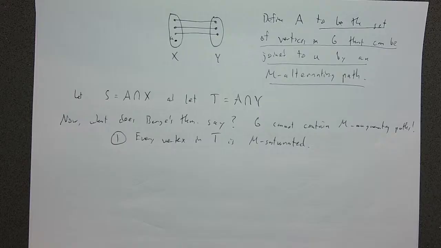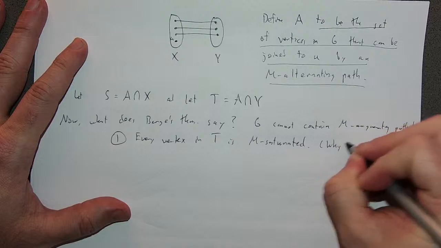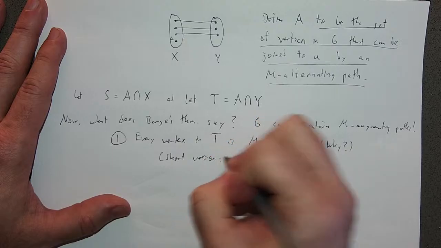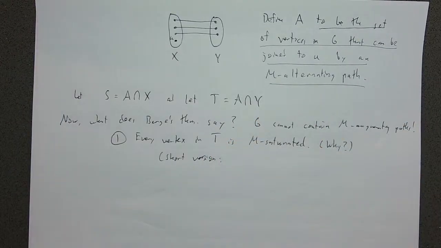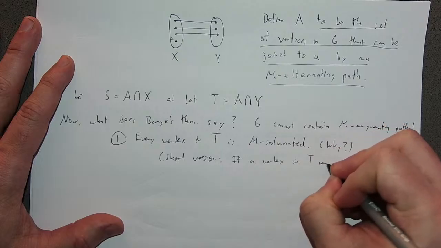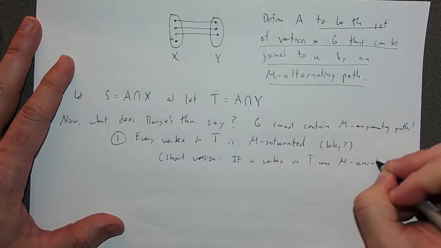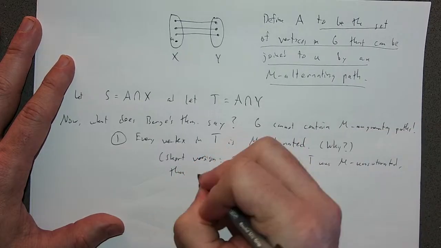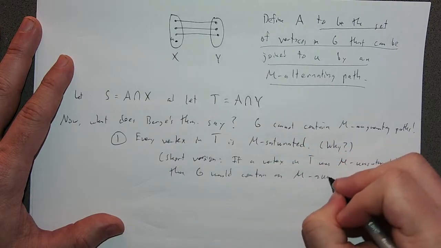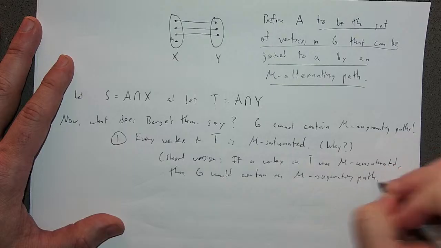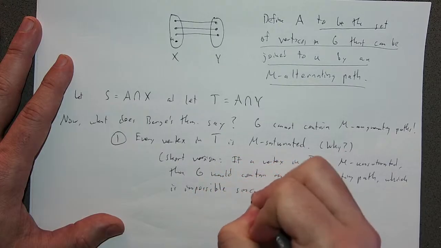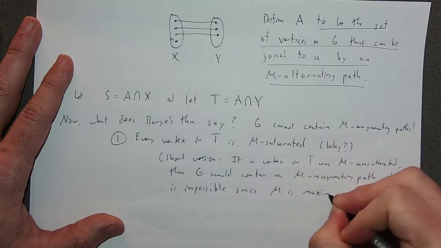Why? The short version, which is just tracking through all of this setup: if a vertex in T was M unsaturated, then G would contain an M augmenting path, which is impossible since M is maximum, by Berge's theorem.